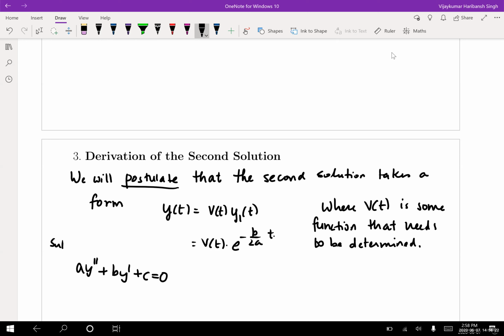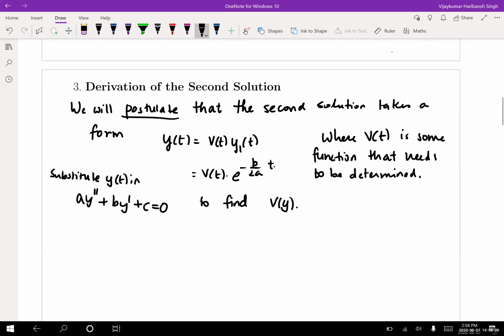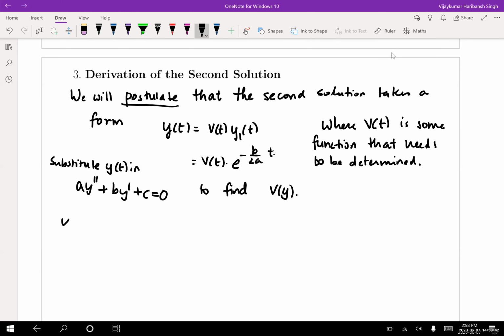So substitute y(t) in this to find more information about v(t). Let's do that. We have y' = d/dt of (v y1), which is v' y1 + v y1', by the product rule.